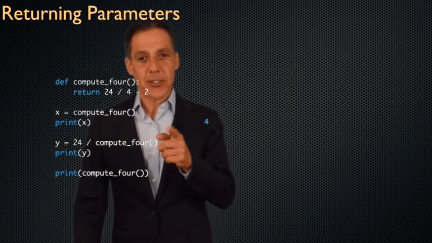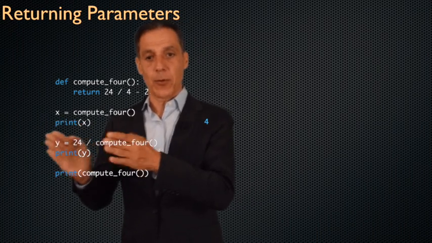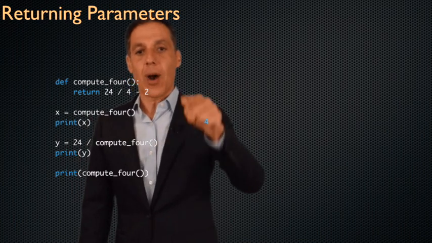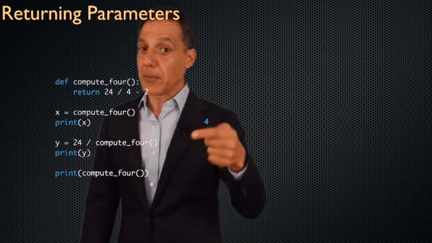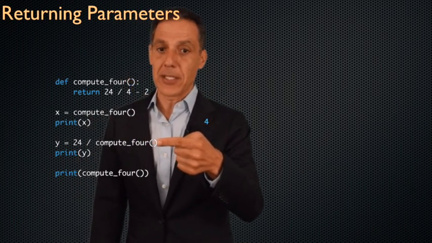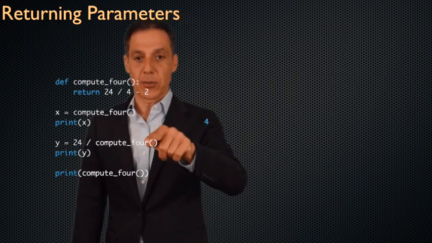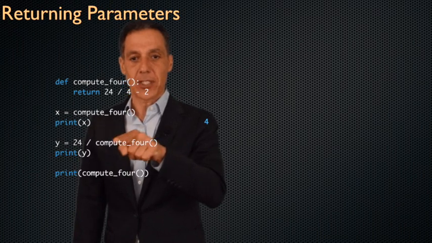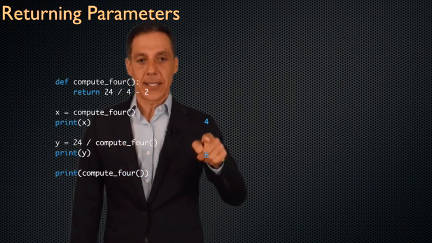Okay, so let's make sure we understand this. Simple arithmetic expression, 24 divided by something. What's that something? It's a function call. Please go off and call the function. Something had better be returned because I'm going to try to divide by it, and it better be a number. That's somebody else's problem if I don't do the right thing here. 4 comes in here. 24 divided by 4 is 6, of course, and when I print y, I get a 6 right there.